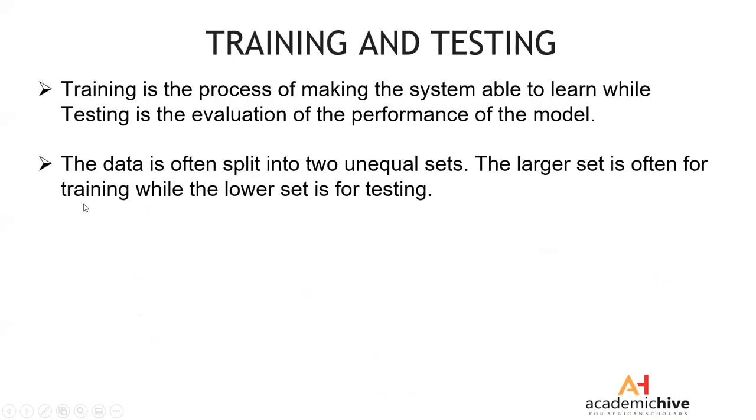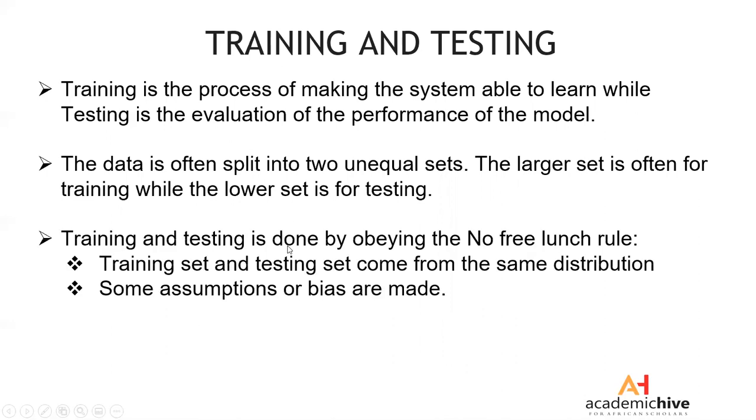Usually, before you go into processing the data, you split it into two unequal sets, say 70-30, 60-40, or 80-20, depending on your desired ratio and the application. 50-50 is the worst case scenario. Not advised, but some people still use it. 60-40 should be the minimum. The larger set is often for training, while the lower set is for testing.